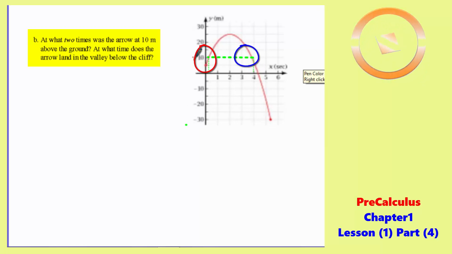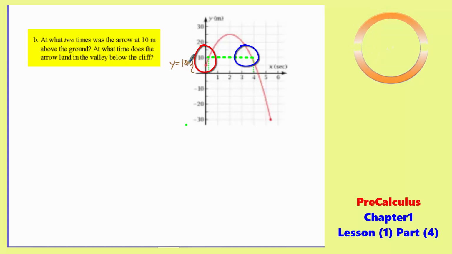Here y is equal to 10 meters. So we have this point, and we have this point.